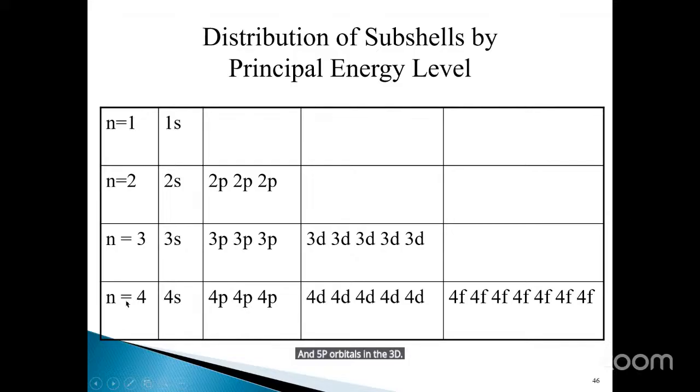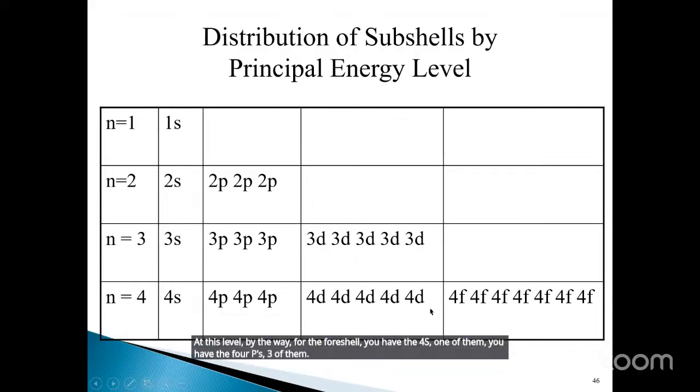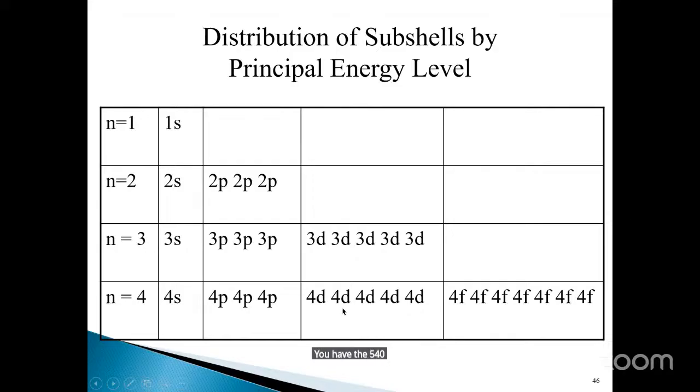And then finally, at this level anyway, for the n equal 4 shell, you have the 4s, 1 of them, the 4p's, 3 of them, the 5 4d orbitals within the 4d subshell, and the 7 4f orbitals, right? So that's basically how the orbitals are distributed within the atom among the shells as subshells.